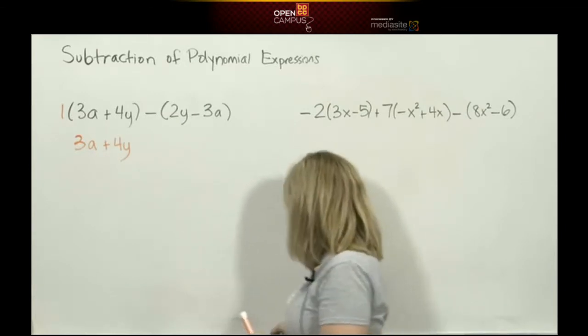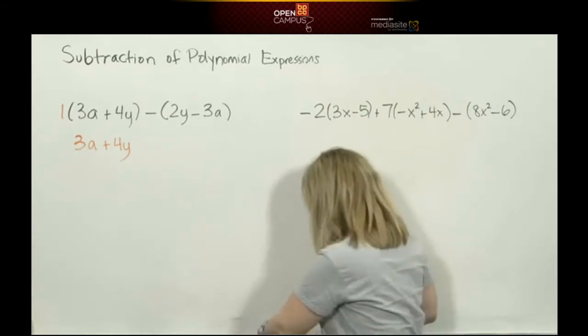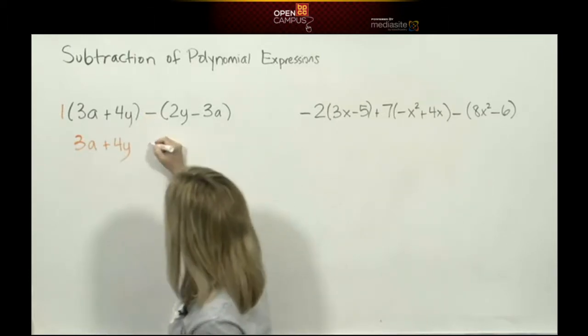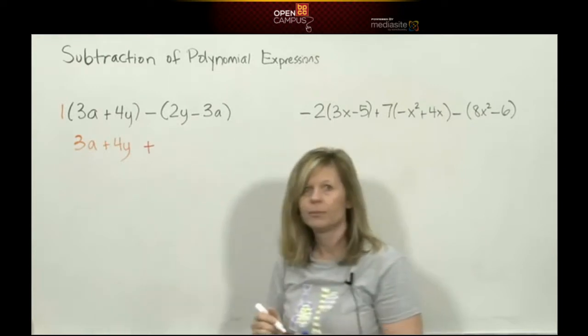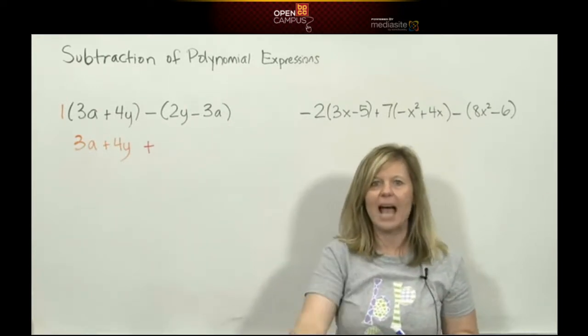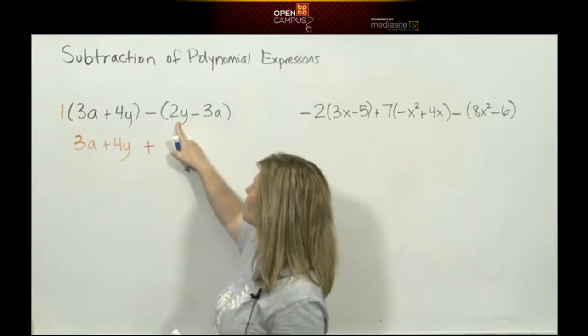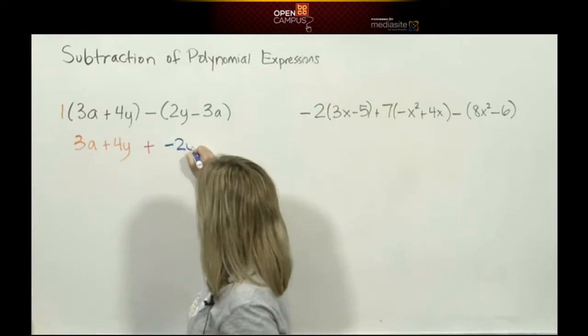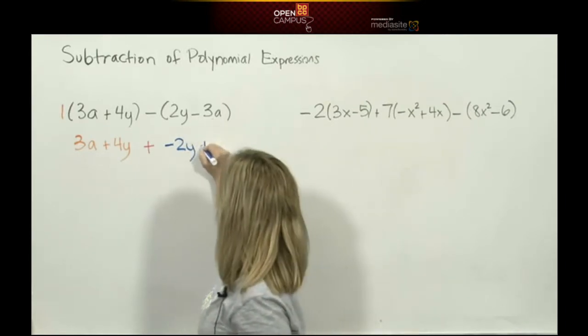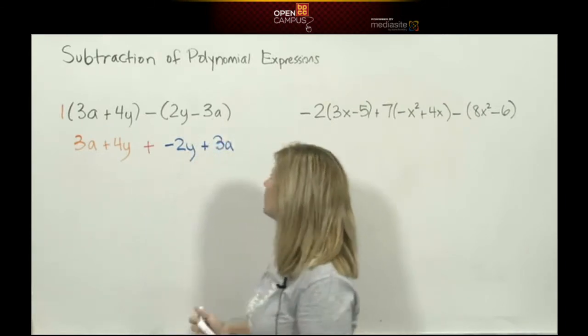So technically in algebra, we are never subtracting. Every time we see the subtraction symbol, we will change it to addition and make any terms behind it the opposite, the additive inverse. So the opposite of 2y is negative 2y. The opposite of negative 3a is positive 3a.